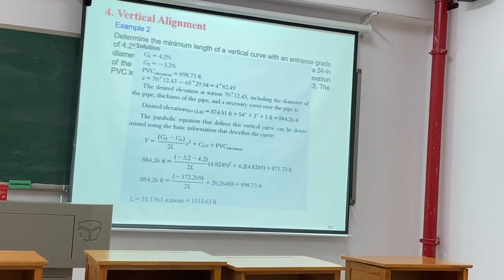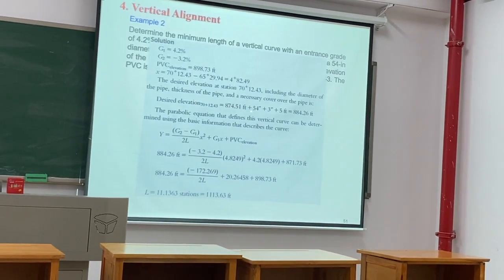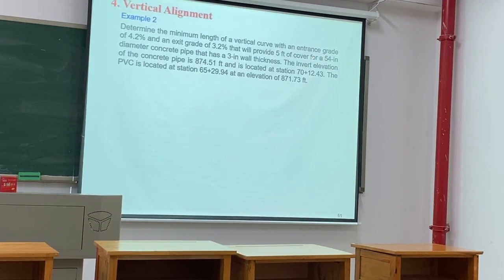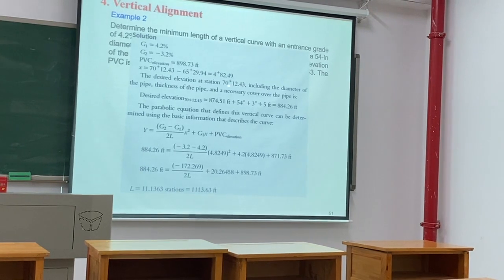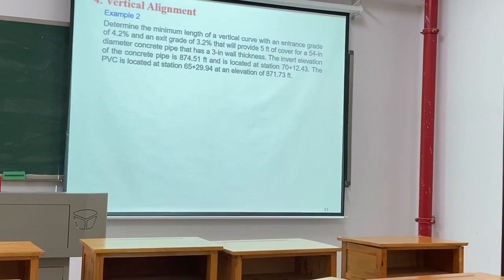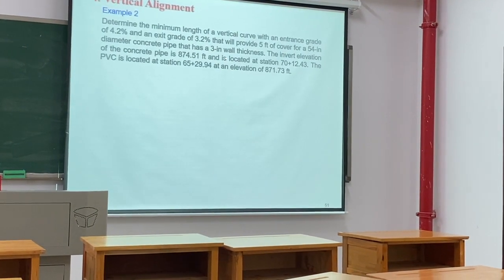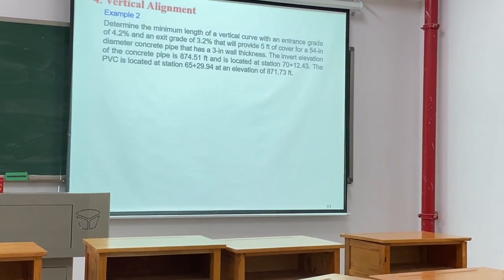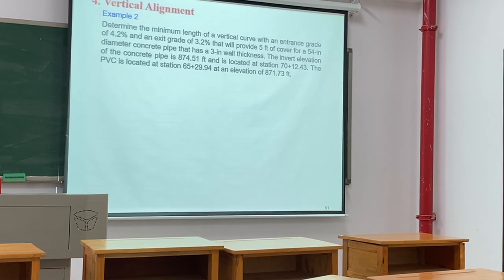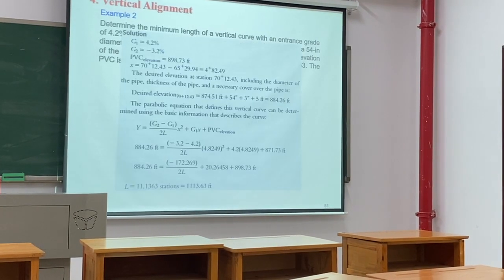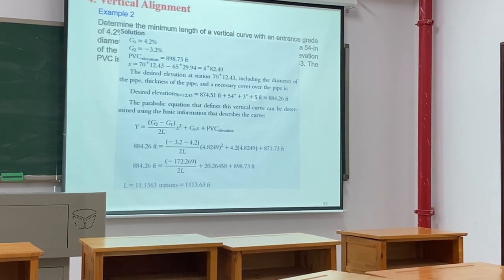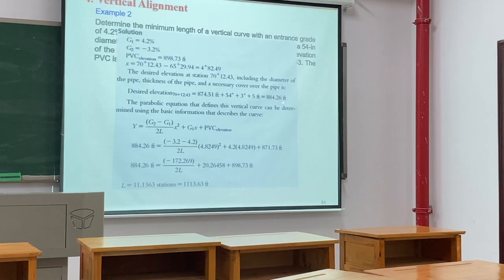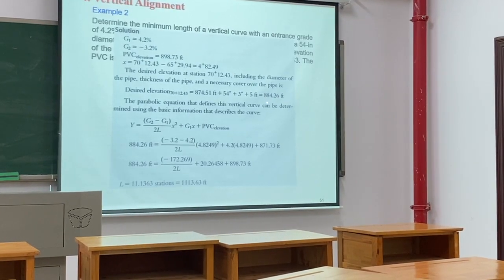For this, 54 inch pipe, 3 inch thickness, and 5 feet of cover. So we get the derived elevation, which is 884.26 feet.